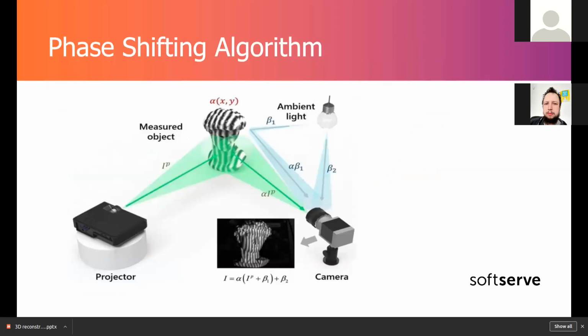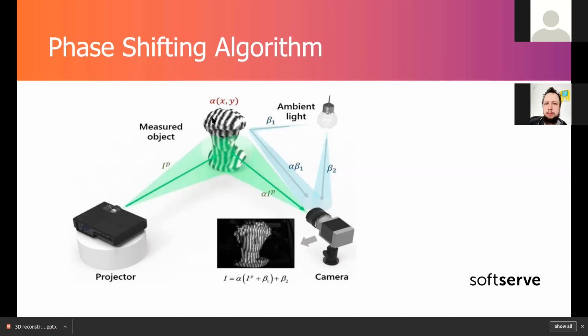So phase shifting, in general, the setup is the following. As I said, we have a projector, we have a camera, we have some ambient light, and we project some known pattern, in our case a cosine or sine signal, on the object. We project 3 of them with different phase shifts. It should be at least 3, but in our case, we use a 4-step pattern.